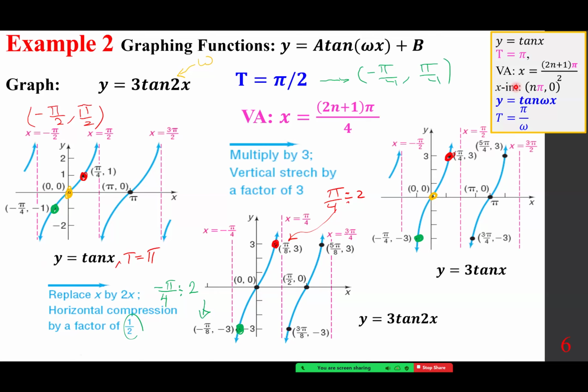If we want to find the x-intercepts, n pi, 0, you replace the pi with pi over 2: n pi over 2, 0. So replace the pi with pi over 2. Again, let me just write that.